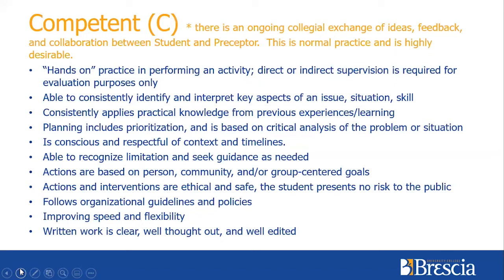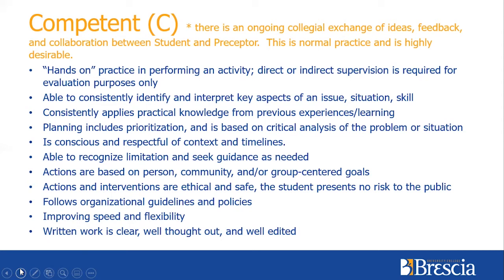At a competent level, a student is able to consistently identify and interpret key aspects of an issue, skill, or situation. They consistently apply practical knowledge from previous experience and learning. Their planning includes prioritization and is based on critical analysis of the problem or situation. They're conscientious and respectful of context and timelines.